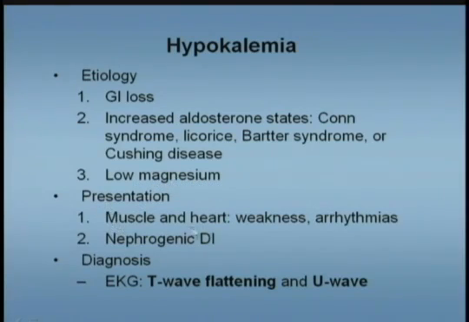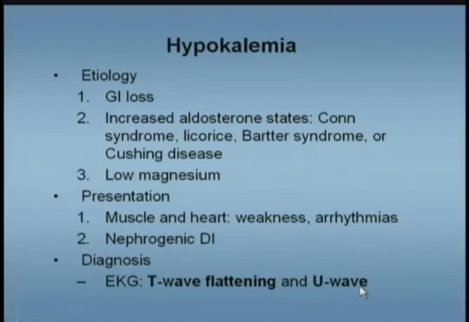Okay? Muscle and heart weakness: how do you die of potassium disorders? Hyperkalemic cardiac, hypokalemic cardiac. High and low potassium, both can kill you. Low potassium gives you U waves. Let's look at a U wave.